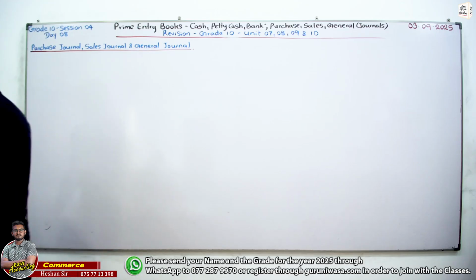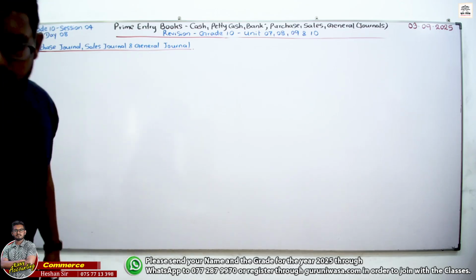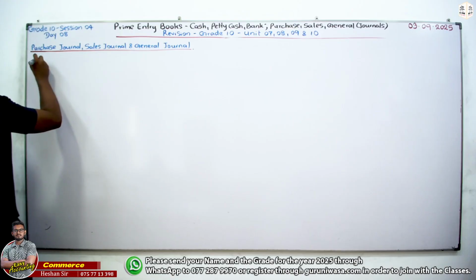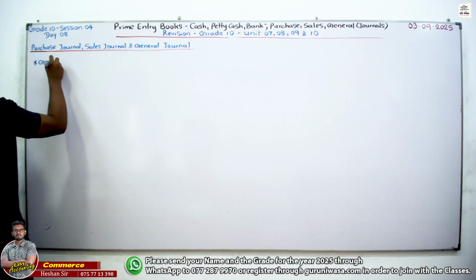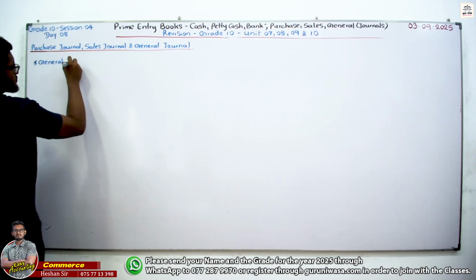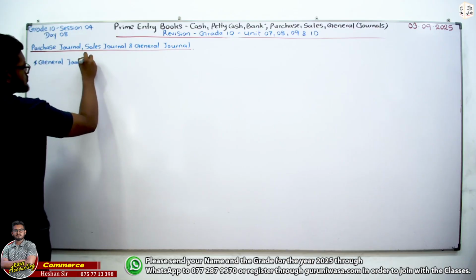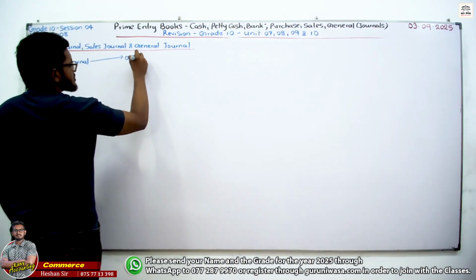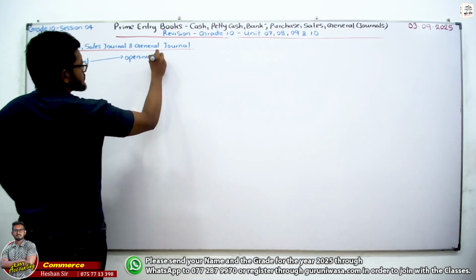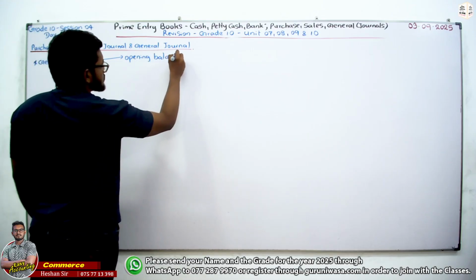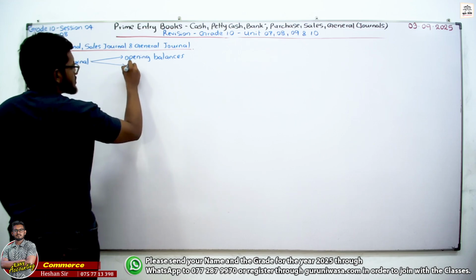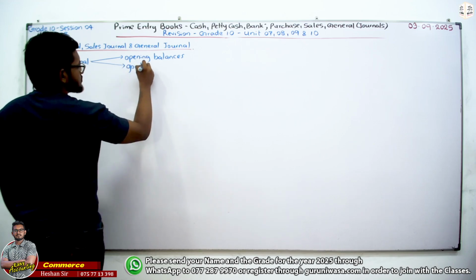Okay. Now tell me, what are the transactions we record in the general journal? I told you, we record opening balances, then owners goods drawings.